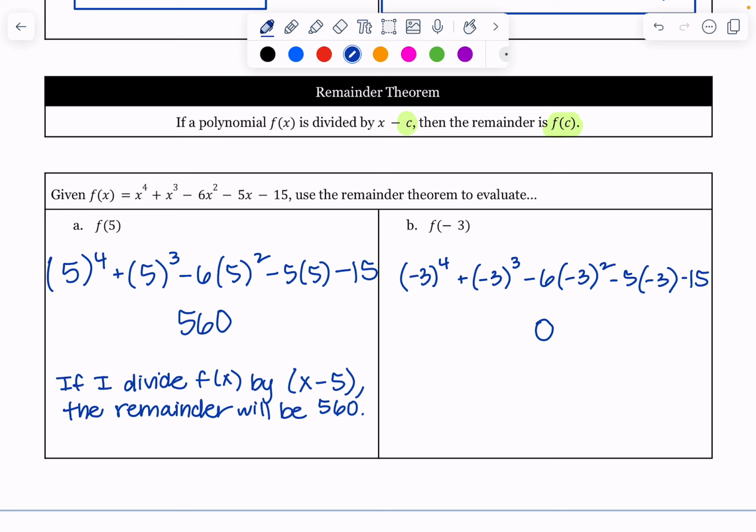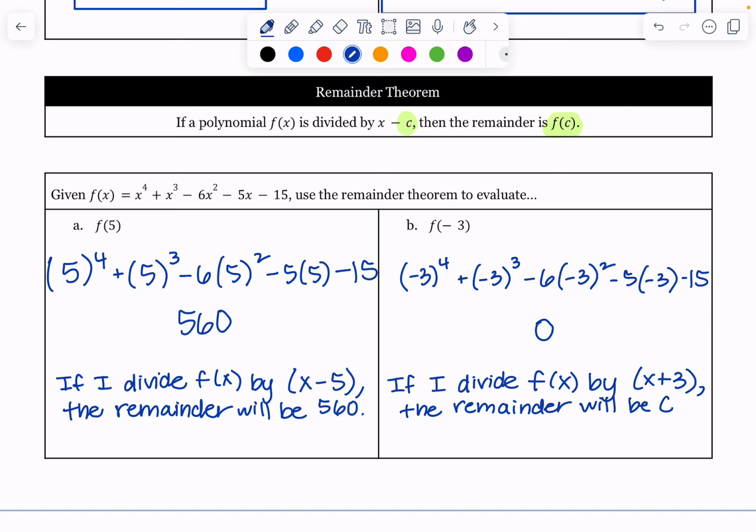On part B, if I divide f of x by x plus 3, because it's the opposite, the remainder will be 0. Okay, so that one divides perfectly.